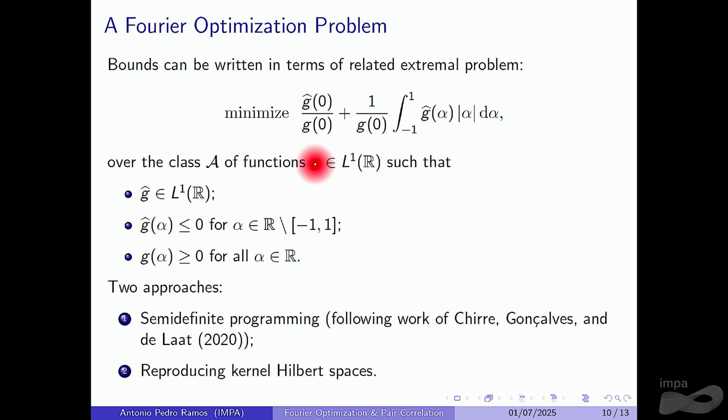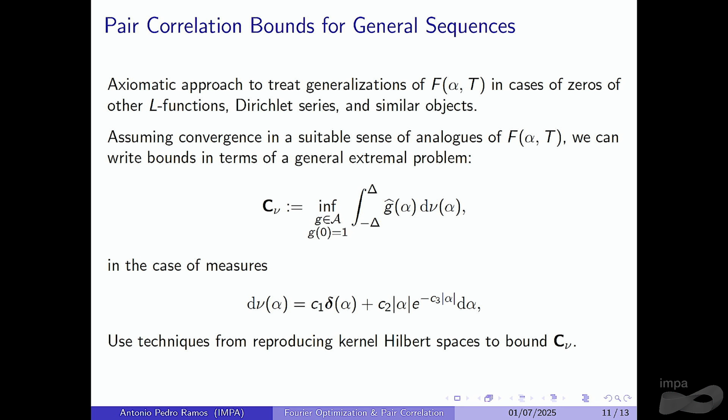So if you vary the parameters in this functional a bit, it's easier to get some kind of answer. And why do I care about changing the parameters? Essentially we want to generalize this approach to other sequences of zeros of L-functions coming from number theory.